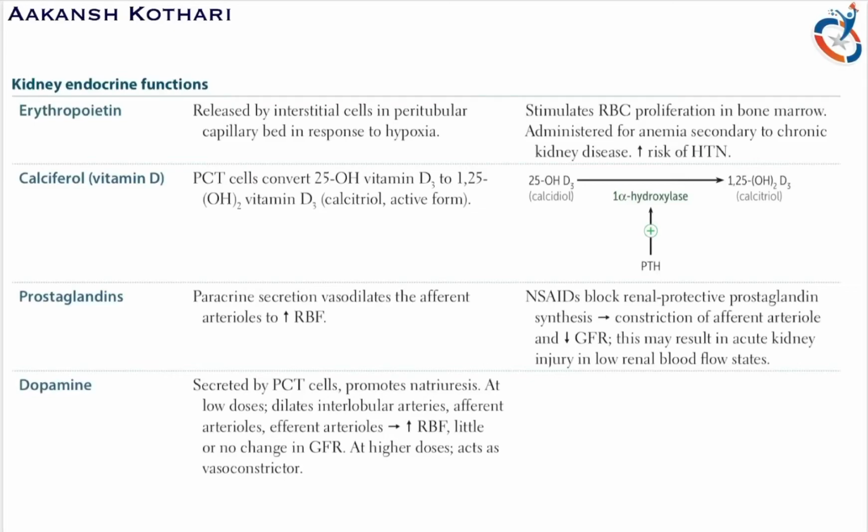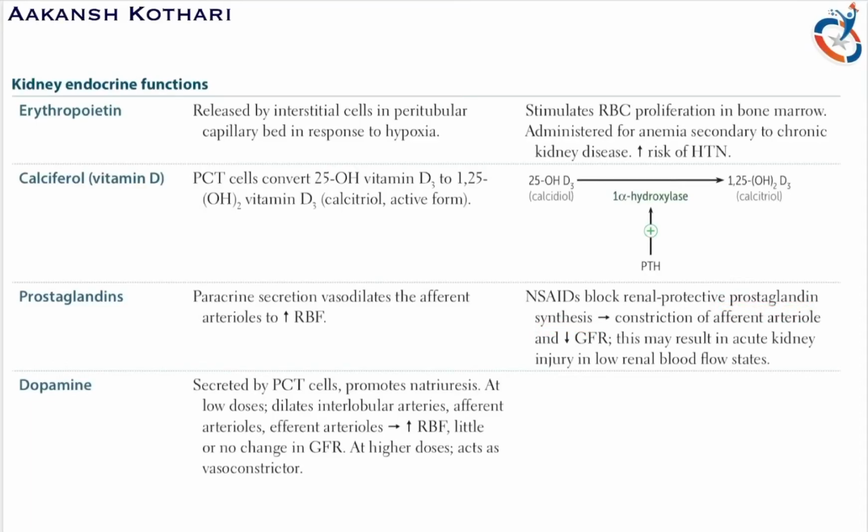Now, prostaglandins are inhibited, or their production is blocked, by non-steroidal anti-inflammatory drugs. So NSAIDs like ibuprofen block the production of prostaglandin in the kidney. Now, since prostaglandin is responsible for vasodilatation, NSAIDs will then cause vasoconstriction by blocking prostaglandin synthesis.